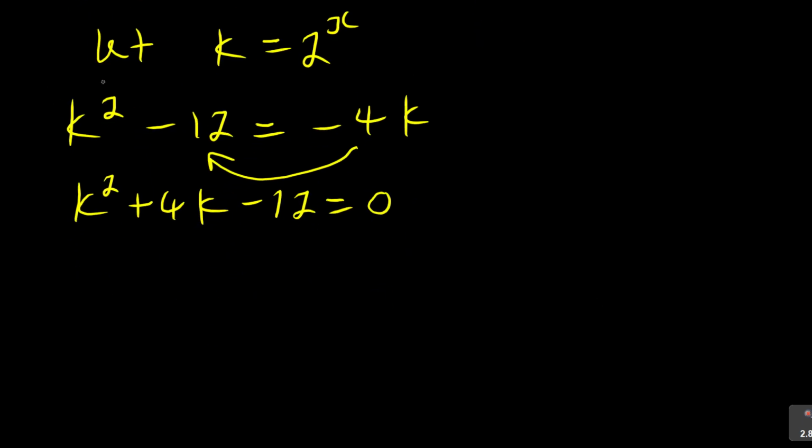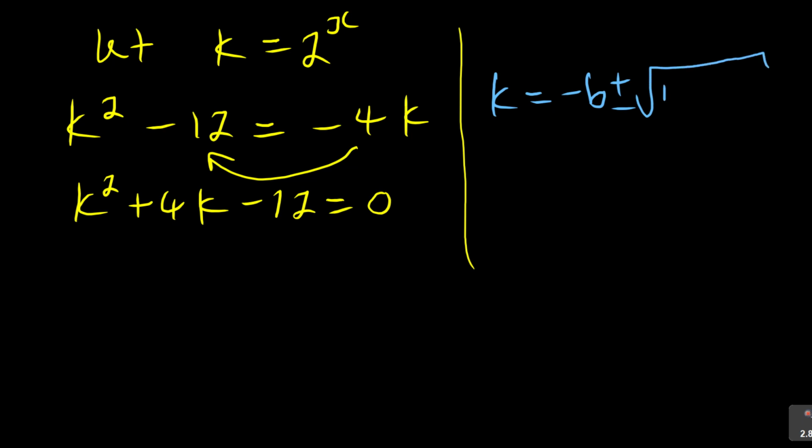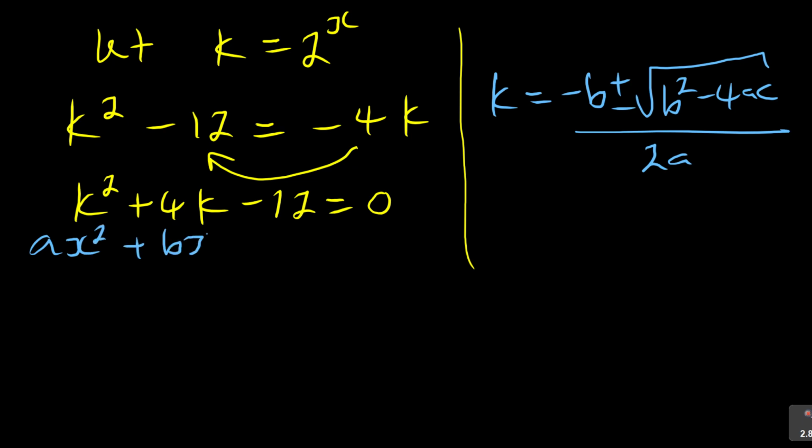Someone will say, don't go through the quadratic equation. I prefer the quadratic equation for whatever reason. So I've got K is equal to minus b plus or minus square root of b squared minus 4ac all over 2a. I always prefer it. So remember, it's ax squared, which is K squared, plus bx plus c equal to 0. You must know a is 1 there.